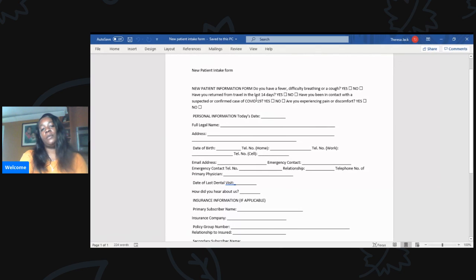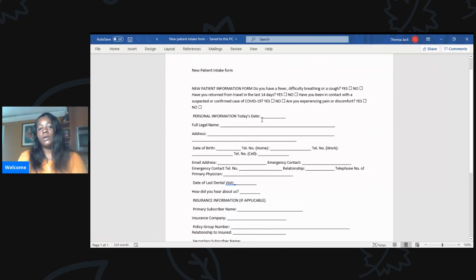The date is very important for that, because it will allow you to say, okay, this patient had an appointment on October the 1st, and here it is the 20th, let's follow back up with this patient just to see if they found another practice, another office. You just want to make sure that you keep track of today's date, because these things can tell you a lot.